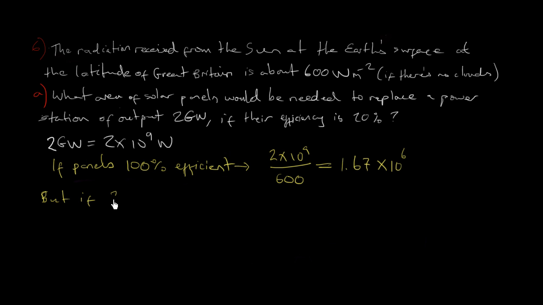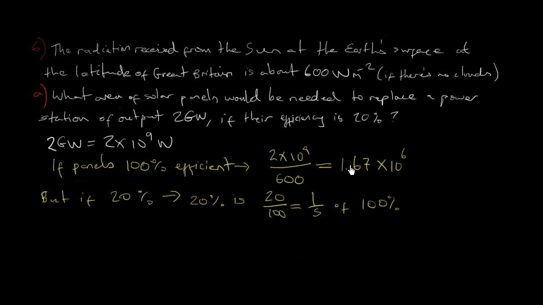if 20% efficient, then let's see what's the relationship here. Since 20% is 20 over 100, which is 1/5 of 100%.